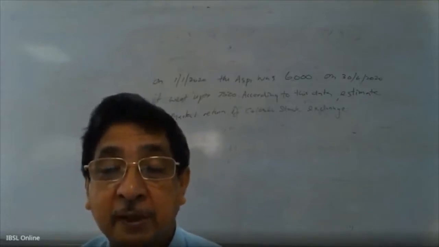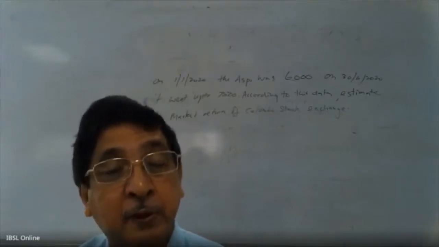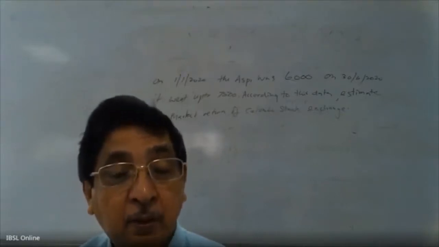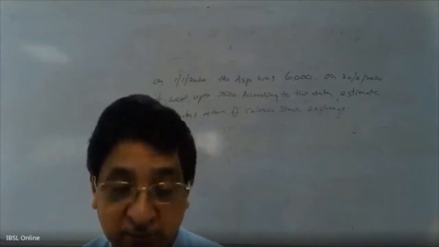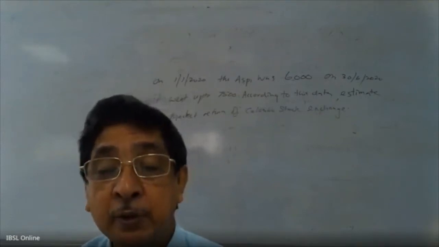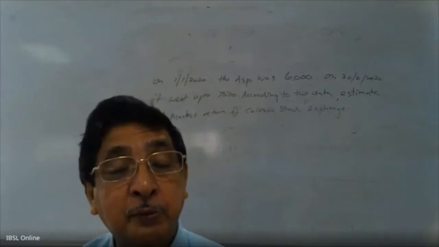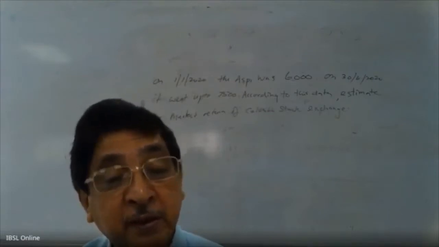Yes, Chamali, correct. 25%. Right. What did you do? On 1st of January, the market index was at 6,000, whereas on 30th of June, it came up to 7,500. So you can see the increase.